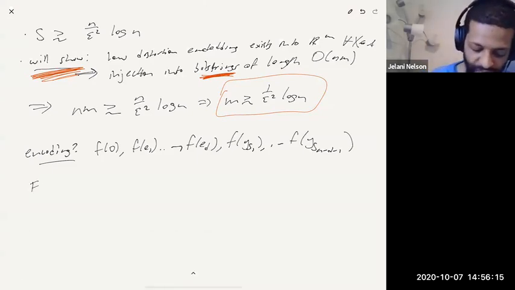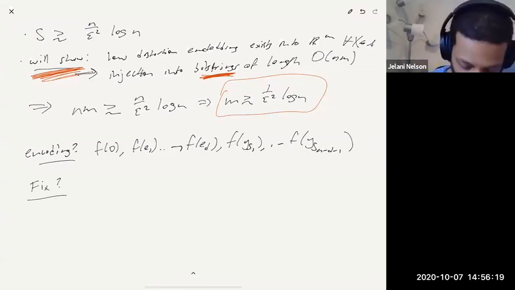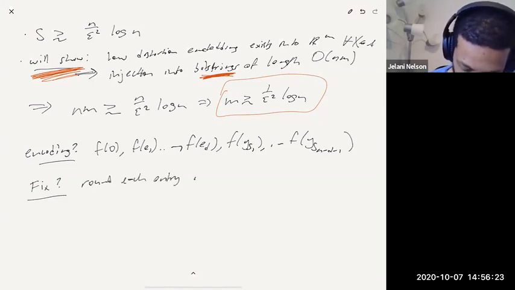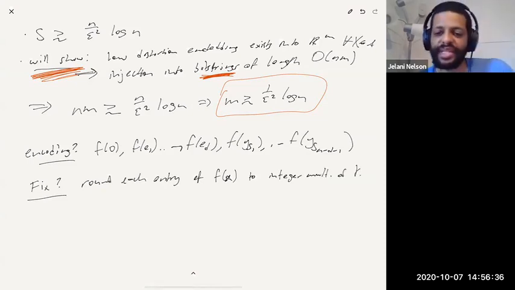So here's my first attempt at a fix, which is I'll round each entry of f of x to the closest integer multiple of gamma, where gamma is going to be some small number. Think of gamma as much, much smaller than epsilon even.